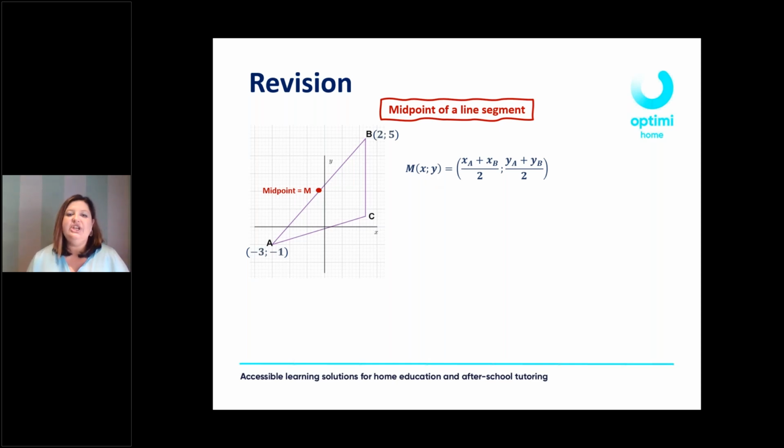Right, so what do you do? You add your two x's together, divide by 2, and you add your two y's together, divide by 2. So if you look here, this part over here will give you your x coordinate of your midpoint. This part over here will give you your y coordinate of your midpoint.